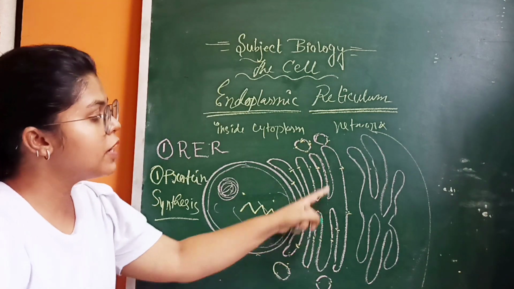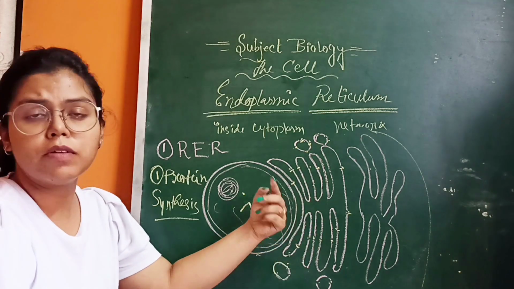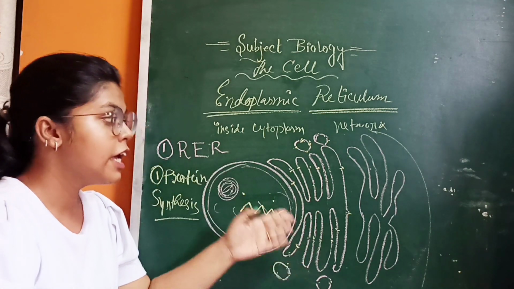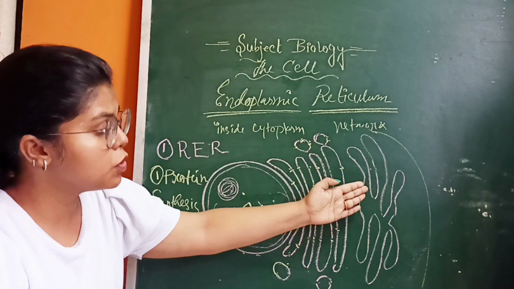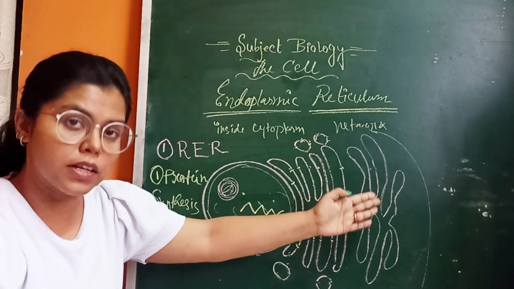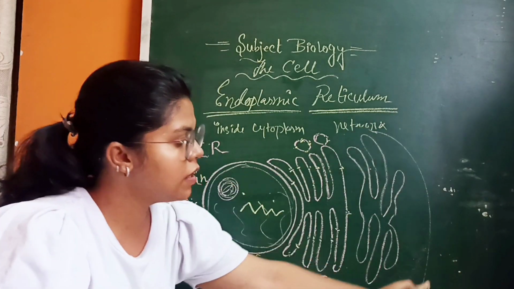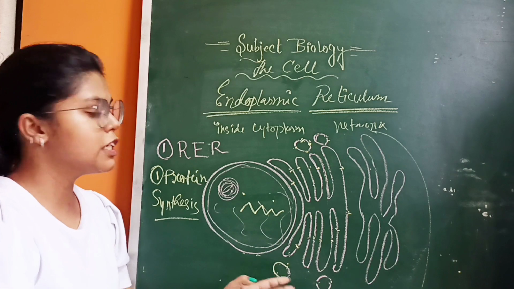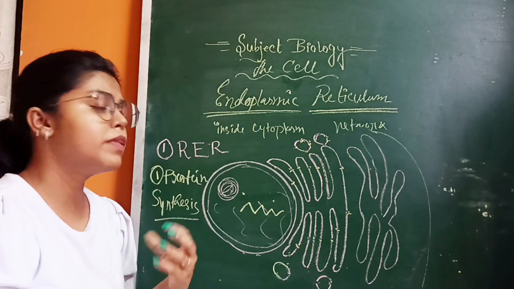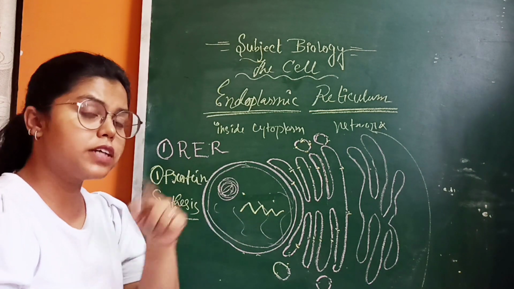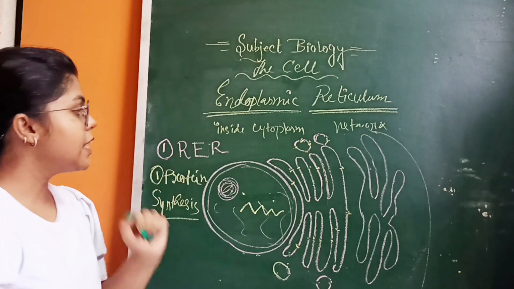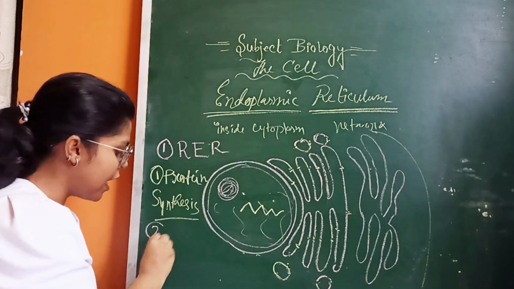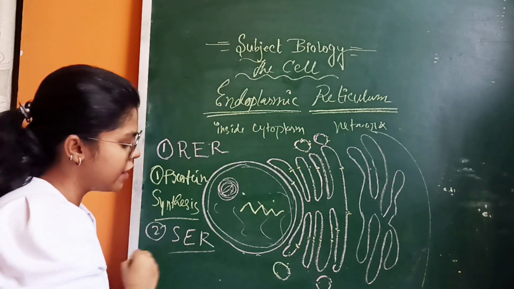The lumen of the cisternae is very small. In case of the smooth endoplasmic reticulum, it is branched and closer to the plasma membrane. Vesicles are spherical structures, and ribosomes are also present on the surface of vesicles. Next are the functions of RER and SER.